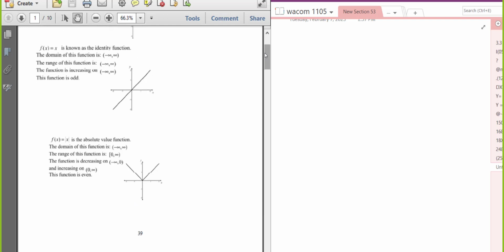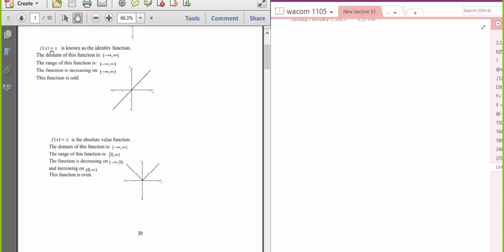I don't memorize the next one, even though it is an important one. We will use it more when we do inverses, but it is called the identity, and it goes through 0, 0, and it's the line where all your coordinates are the same. So your x's and y's are the same. To draw it, you want 0, 0, 1, 1, 2, 2, negative 1, negative 1, negative 2, negative 2. So you can always create it fairly easily, right?